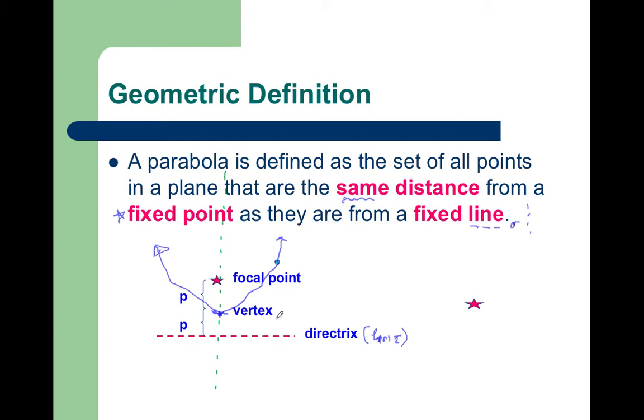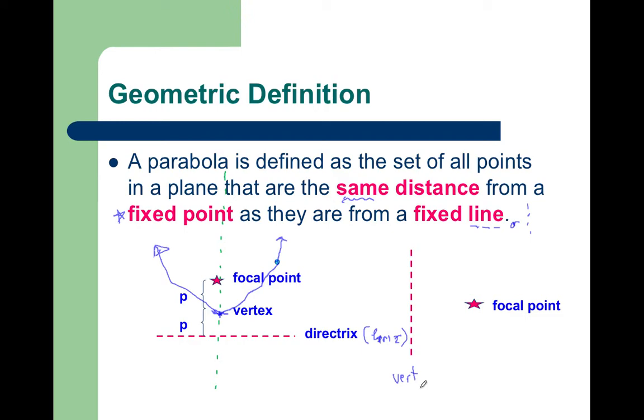So what if I have another focal point over here on the right? You see another star. This time, I'm going to draw another directrix, but the directrix is vertical. Can you see the picture where the vertex of this parabola is going to be?